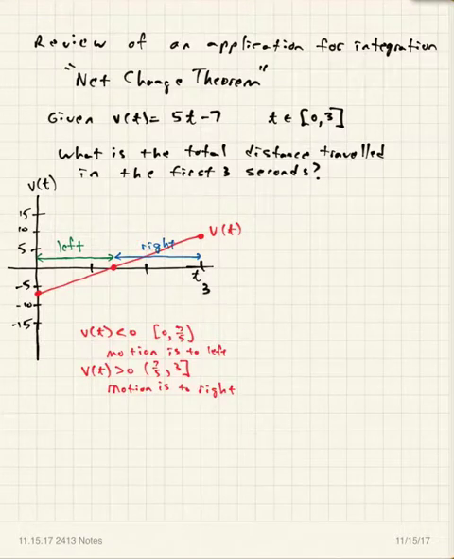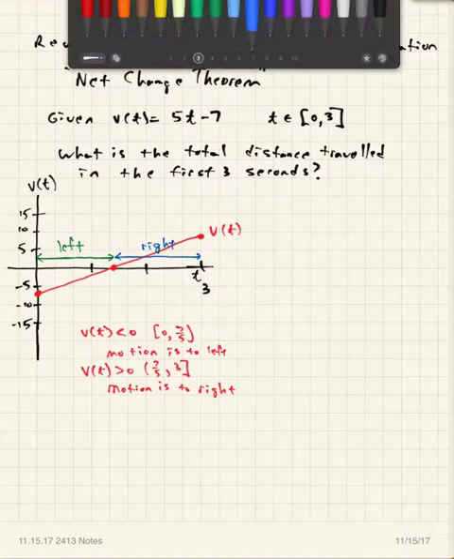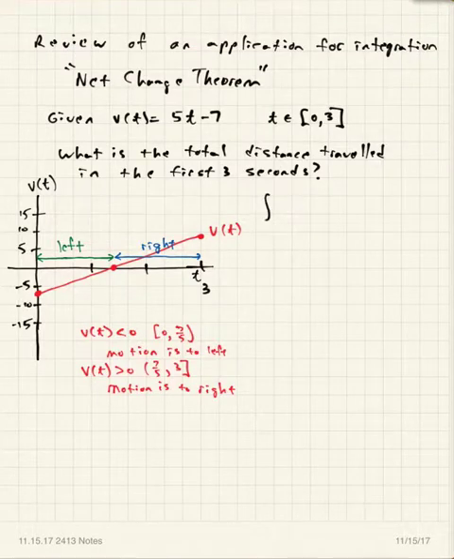Okay? Now, if you recall, what we just talked about last time was that if you looked at the integral from 0 to 3 of our velocity function, that this did not give you the total distance that the object moved, but rather this gave you the displacement of the object.